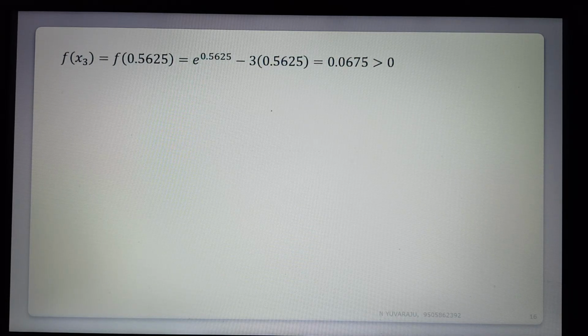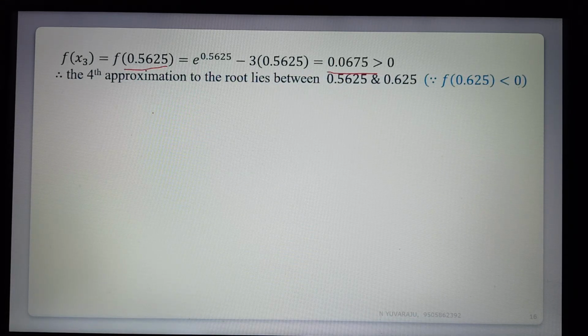So f of x3 substituting, we get the value positive 0.0675. So the next approximation root lies between, the previous value is negative, f of 0.5, so the next root lies between 0.5625 and 0.625, that is the fourth approximation 0.59375.